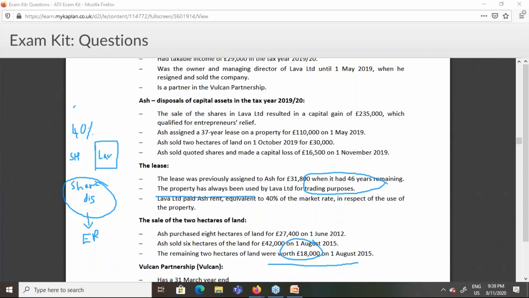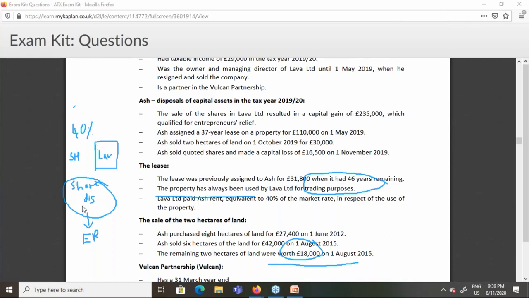What do you mean by associated disposal? That means the disposal is connected to something. It is associated with something. It is connected to what?